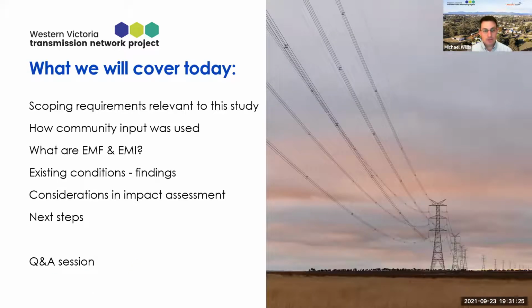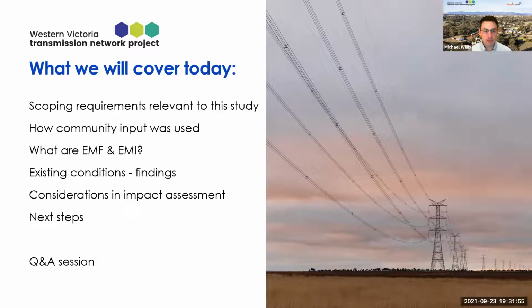The topics for talking through today, we're going to look at the scoping requirements relevant to the study, the scoping requirements which are set by the government, by DELP impact assessment. We're going to talk about how the community input was used in these studies. There'll be some general description about what EMF and EMI are, to make sure we all understand them, and to talk through the findings of the existing conditions report that's been completed.